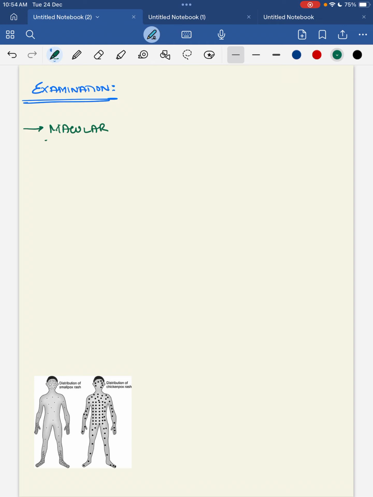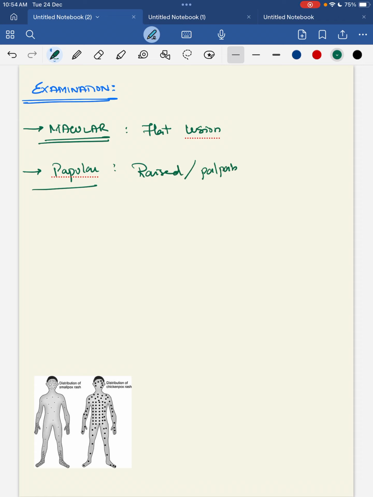Next, we're coming to morbilliform. What is the meaning of morbilliform rash? Morbilliform rash is a characteristic name that is used for a rash in a child with measles. In explanation, morbilliform rash means it is a coalescence of both macular and papular lesions into a diffuse sheet-like distribution.